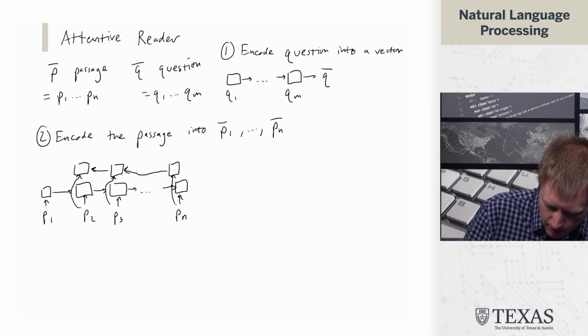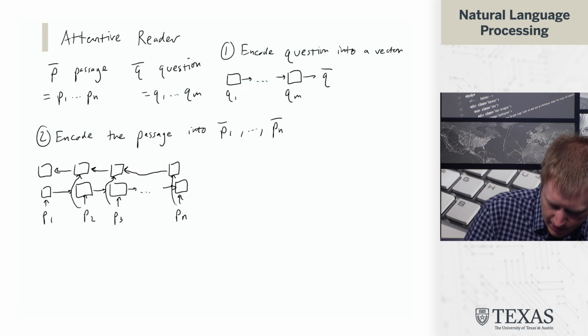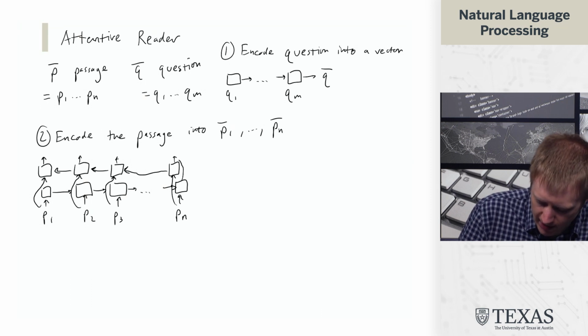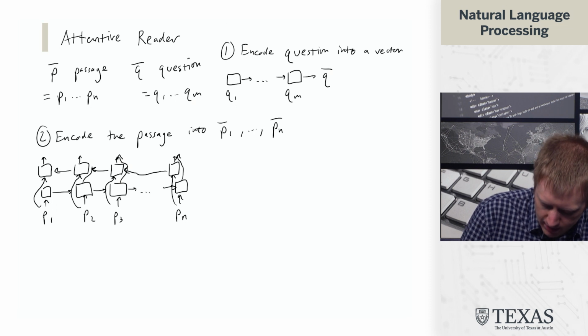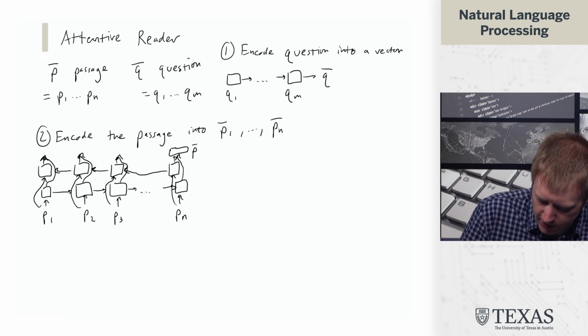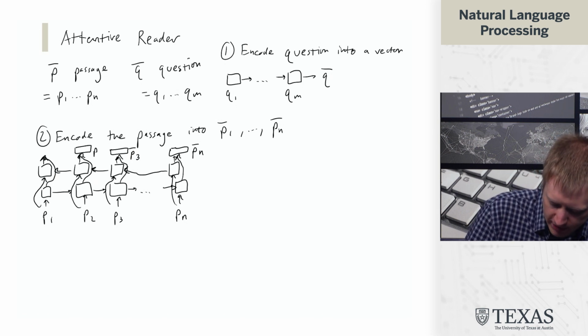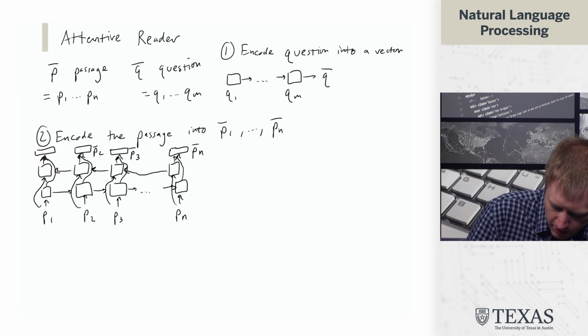So we're going to draw that like this. Each of these cells produces an output, and we combine the two outputs at each time step to get a vector, which we call Pi for each possible position token.